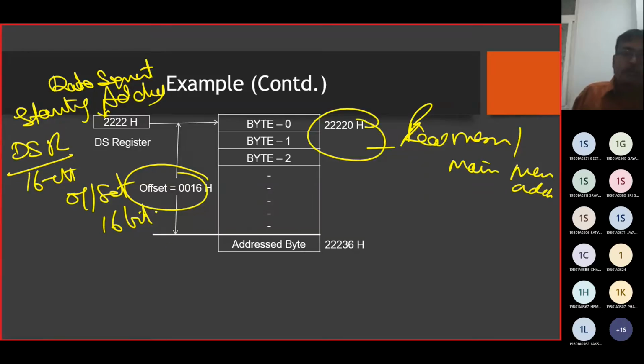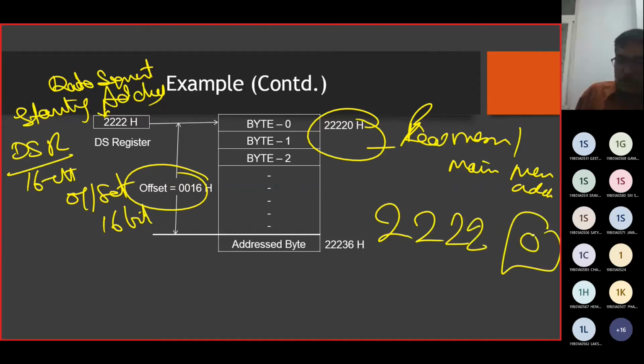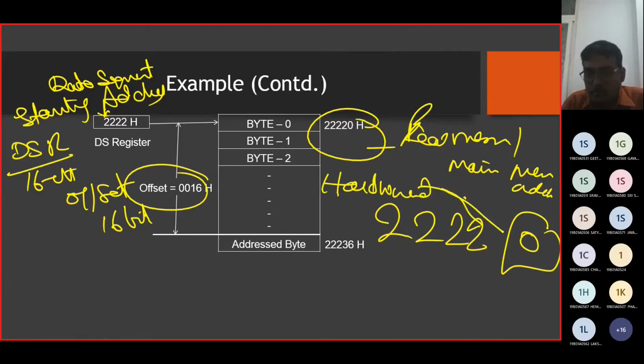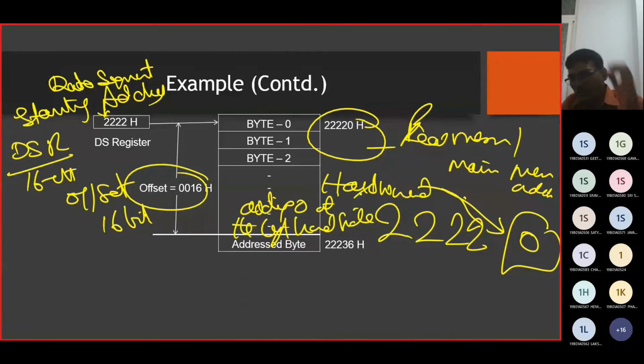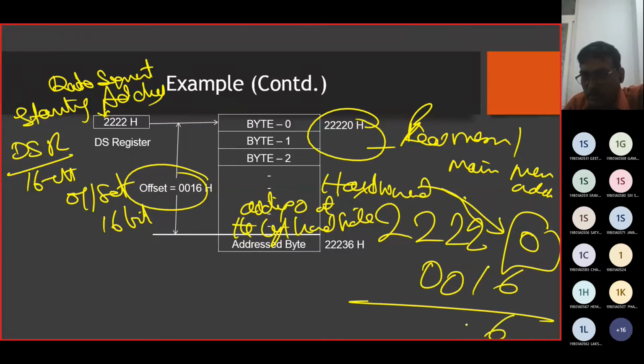Very simple. The data segment starting address was 2222. Adding 0 at the left-hand side, we call it hardwired. Then we directly add the offset, that is 0016.